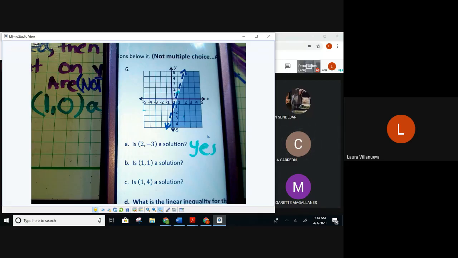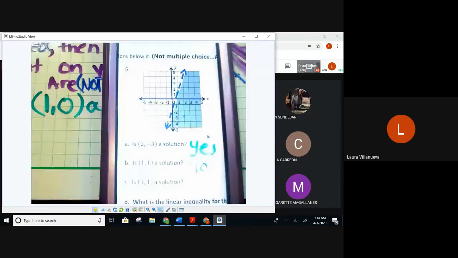So is 1, 1 a solution? It's right on the line, but it's not a solution because your line is dotted. So this would have been a no.